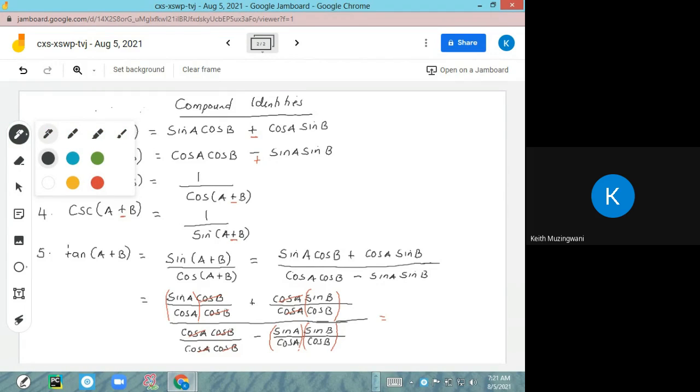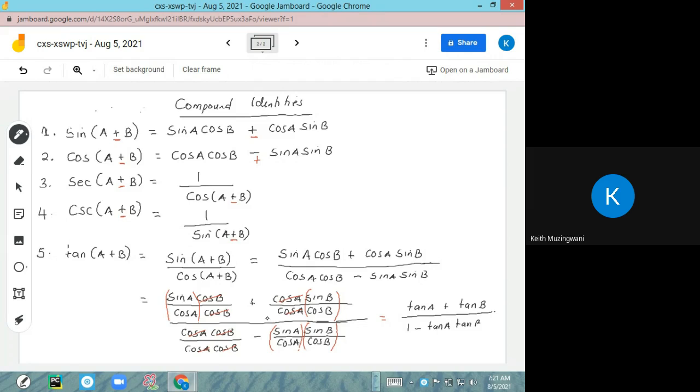So ultimately you're going to have tan A plus tan B over 1 minus tan A tan B.